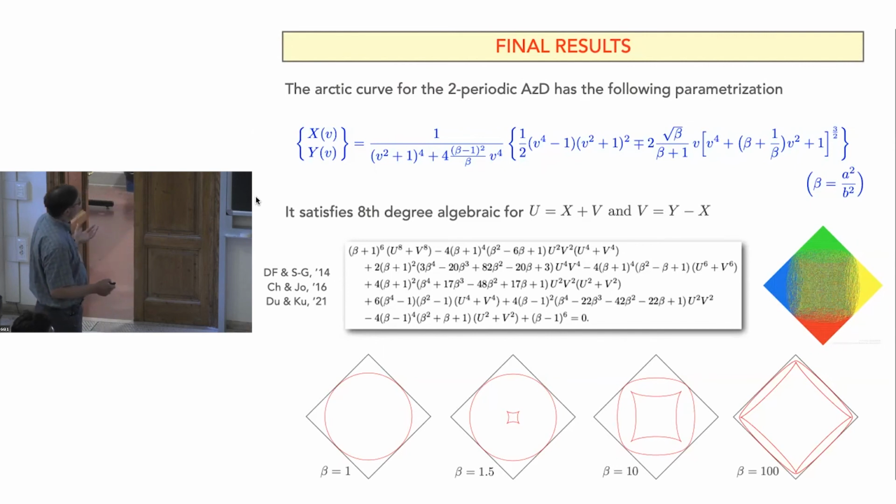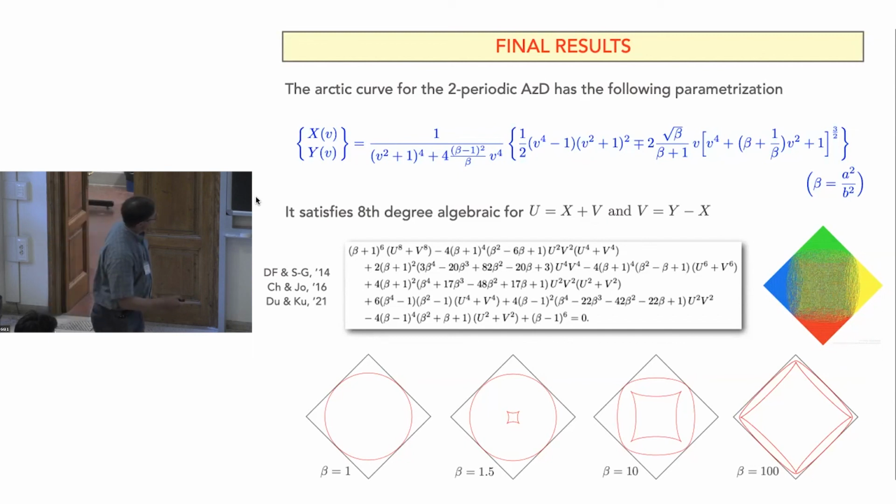And if you take this parametric form and you vary the parameter V over the real line, you get the outer component here. This outer component is the outer component of the real section of this algebraic curve. But if you plot the real section of this algebraic curve, you also get an inner component, which tends to fill the whole space when the parameter beta grows.